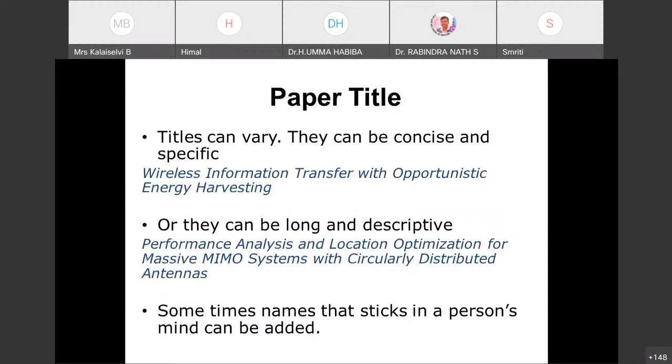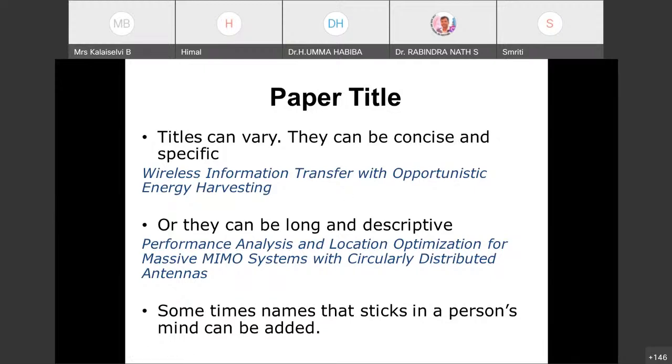So first of all, all papers will have a title, and these titles can vary. Some titles can be concise, that means short, and in some cases very specific. For example, in my field, I can give you an example: wireless information transfer with opportunistic energy harvesting, right?